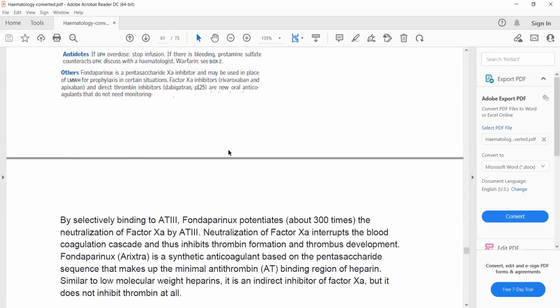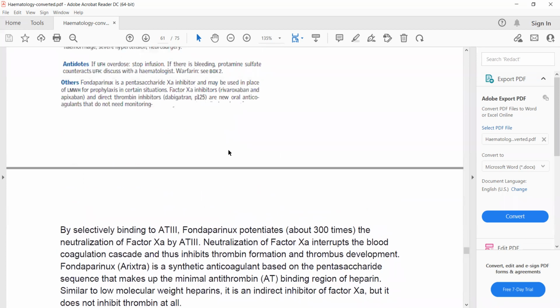So fondaparinux, though it's not a low molecular weight heparin. All the drugs that end in parin, for example enoxaparin, are low molecular weight heparins. Fondaparinux is a different drug; it is basically a pentasaccharide.